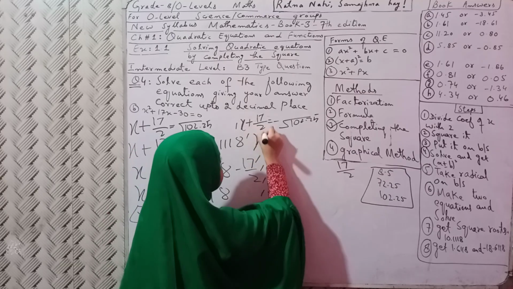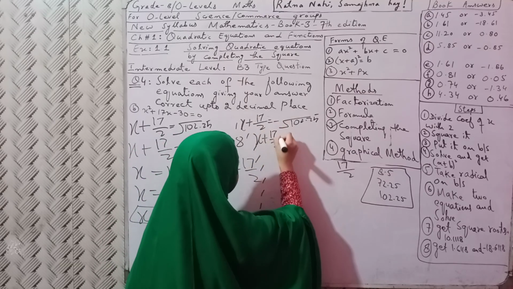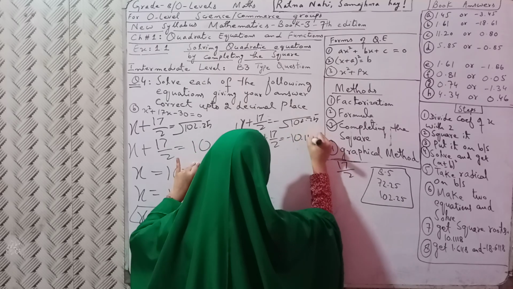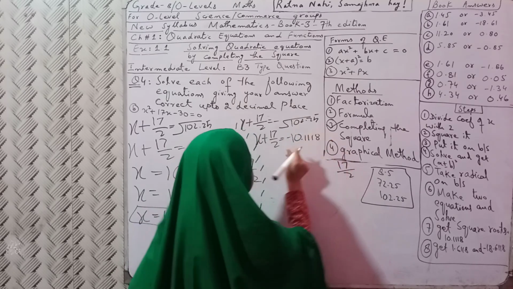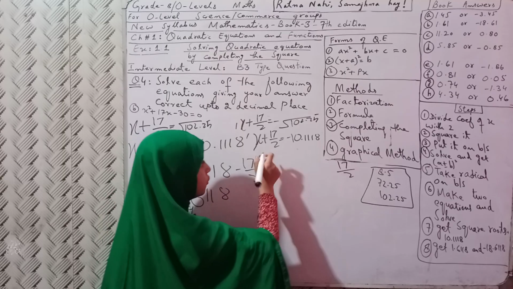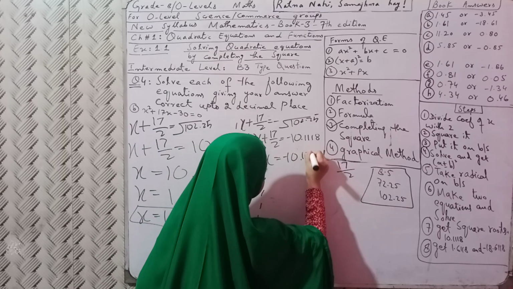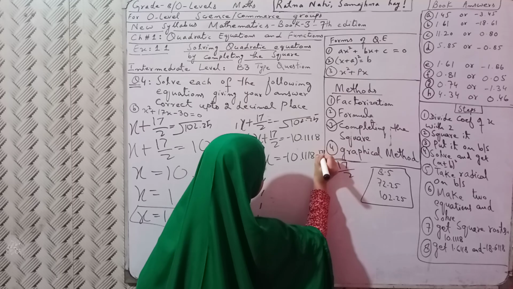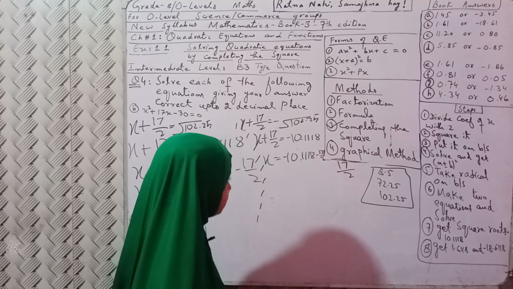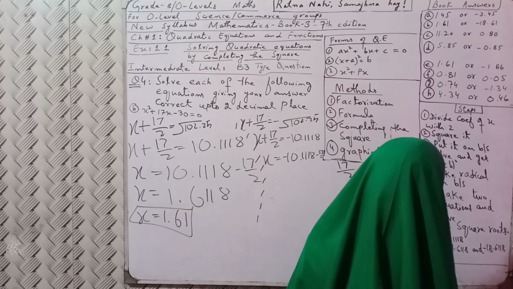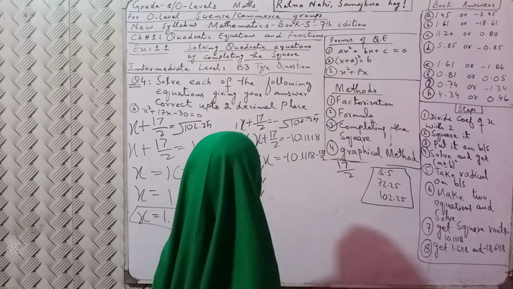So x plus 17 upon 2 is equal to minus 10.118. This will go there. So x is equal to minus 10.118 minus 17 upon 2. Now minus 18.6118.